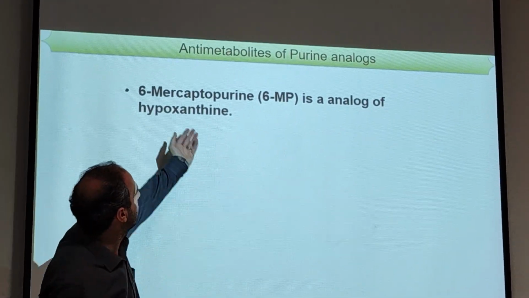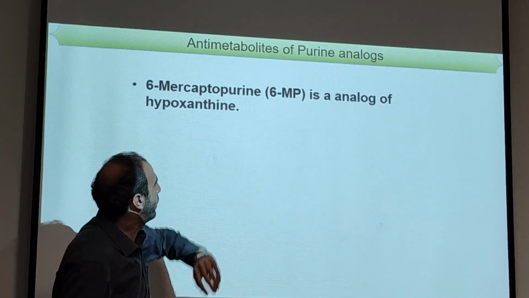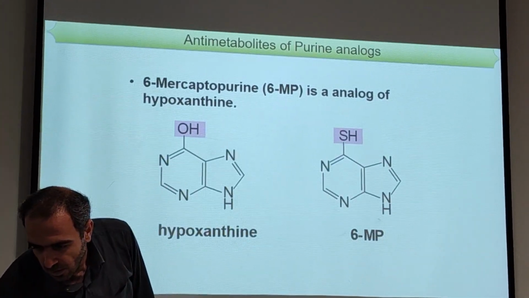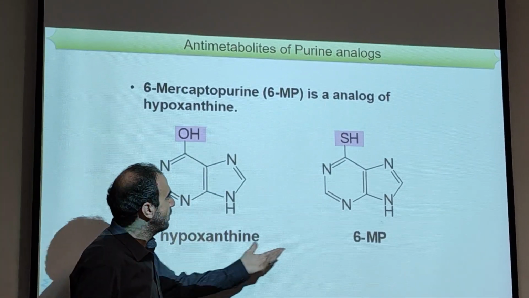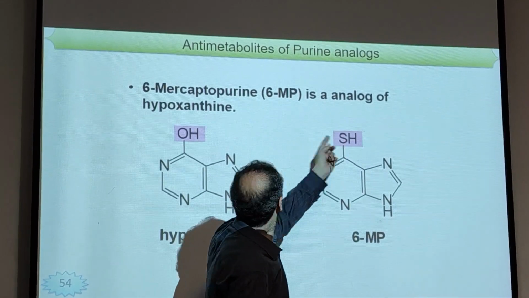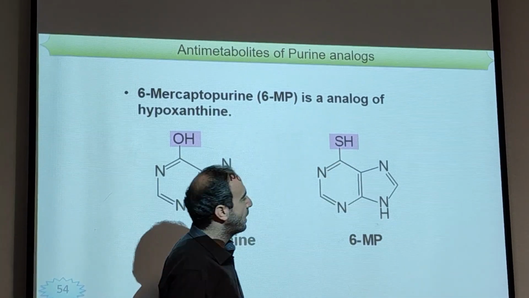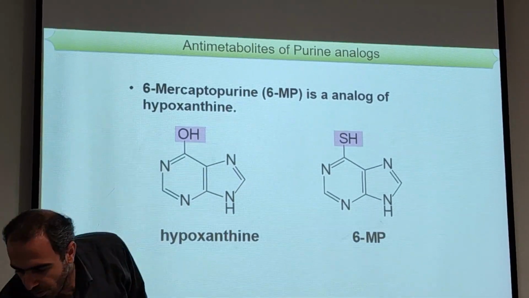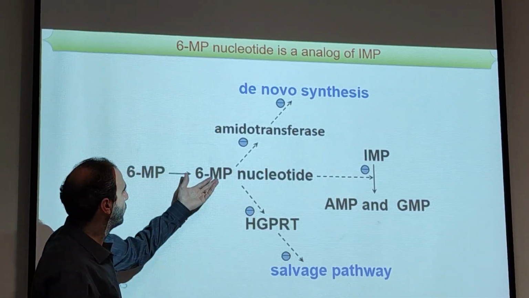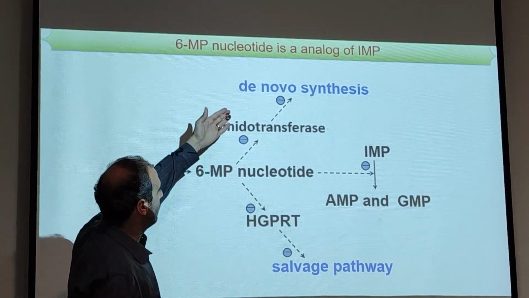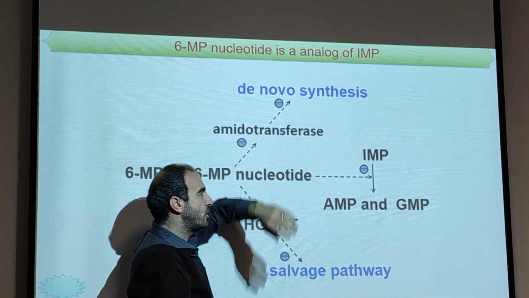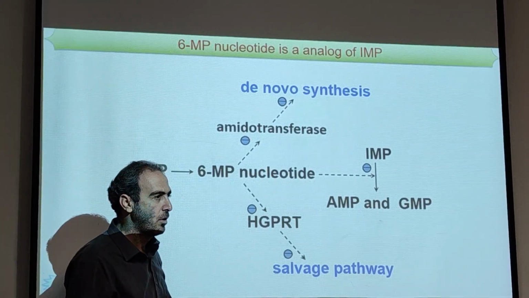And 6-mercaptopurine is an analog of hypoxanthine. This is hypoxanthine, this is 6-mercaptopurine. Instead of a hydroxyl group, it has a sulfide group. And 6-mercaptopurine inhibits both de novo synthesis and the salvage pathway. Okay?